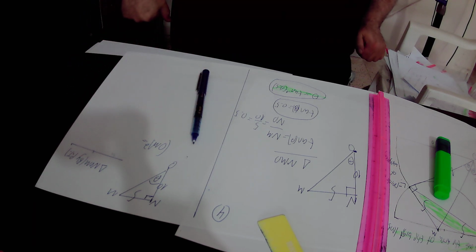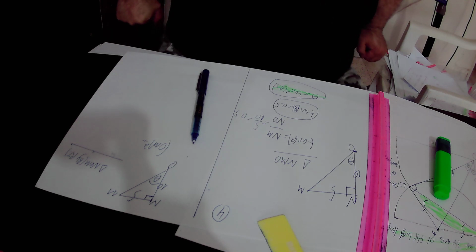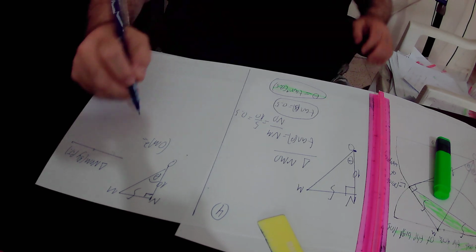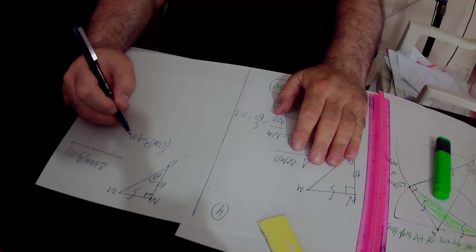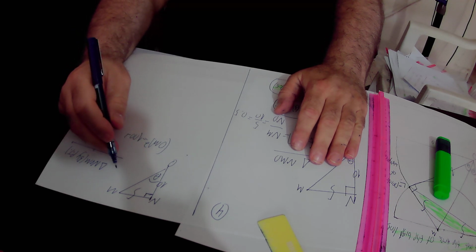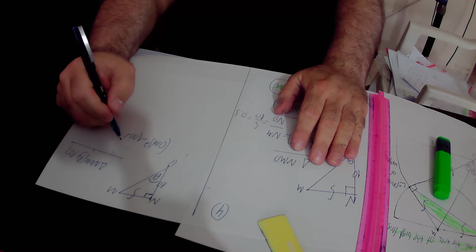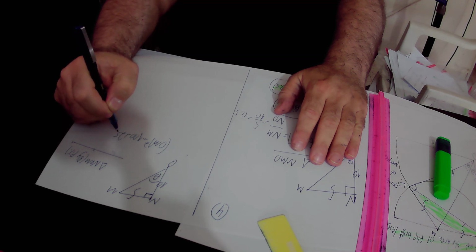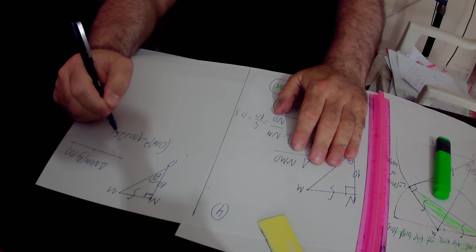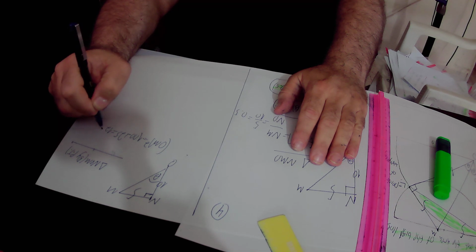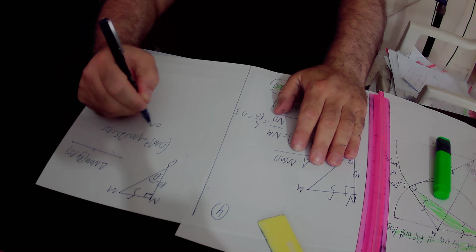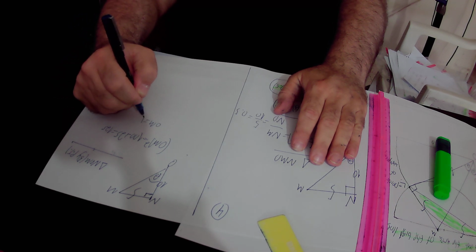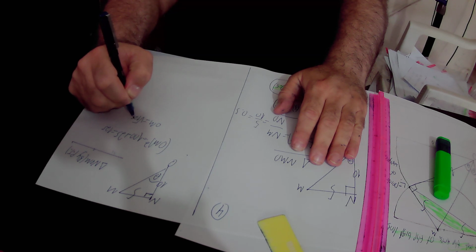ON is 10, so ON squared is 100, plus NM squared. NM is 5, so NM squared is 25. 100 plus 25 is 125. We take the square root of this equation and we get that OM equals the square root of 125.